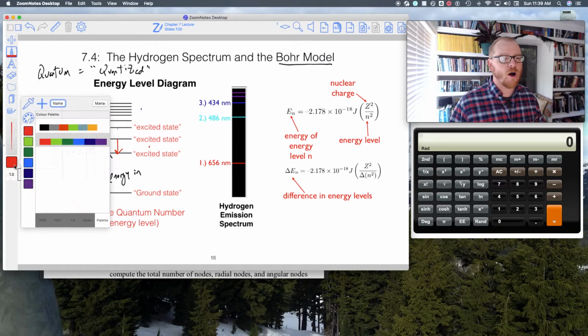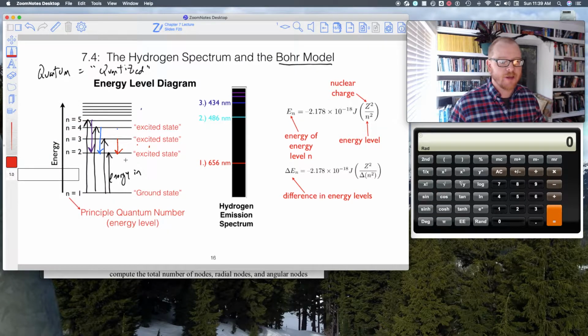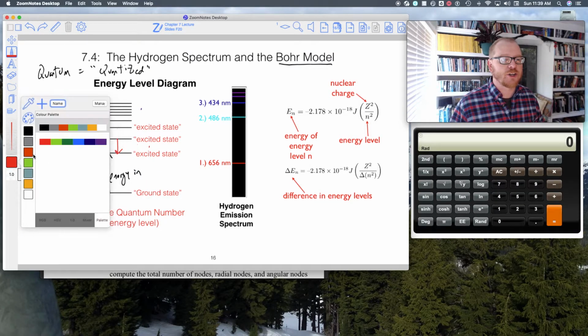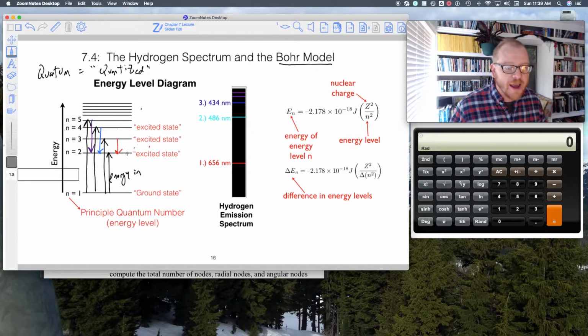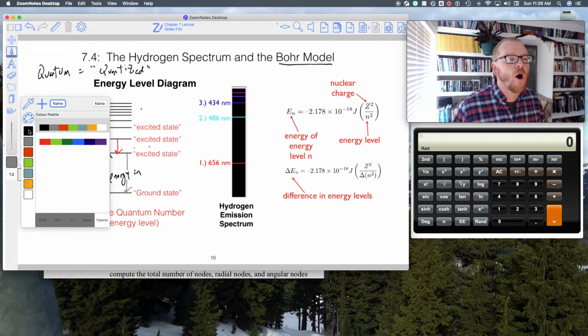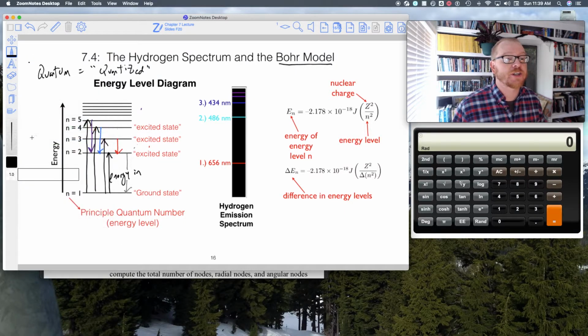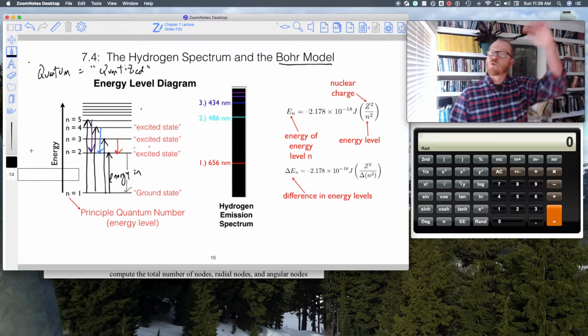Let's see, what color haven't I used? I need a different purple color, so I'm just going to use another black and make it dotted, and I'll explain why I chose all of those colors. Let's go with a gray, and I'm just going to show that one going all the way down. So there are all of these different combinations of energy relaxation.